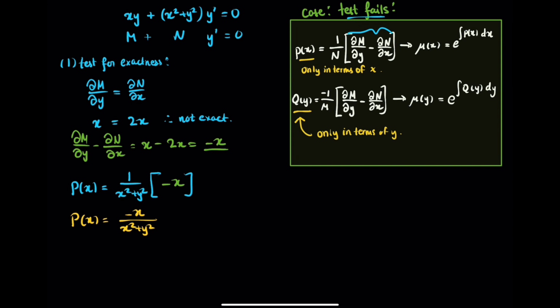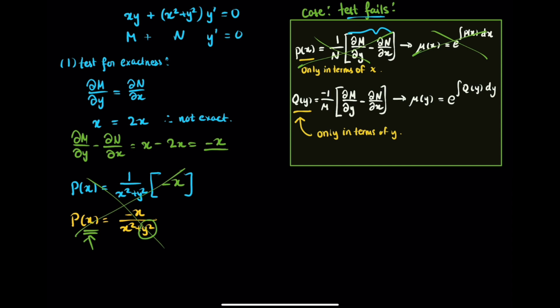But the problem is this. You see P of x needs to only be defined in terms of x, but we have this y here, and that's screwing everything up. So we cannot use P of x, and we cannot use mu of x. So then the integrating factor must be in terms of y. So let's try y.